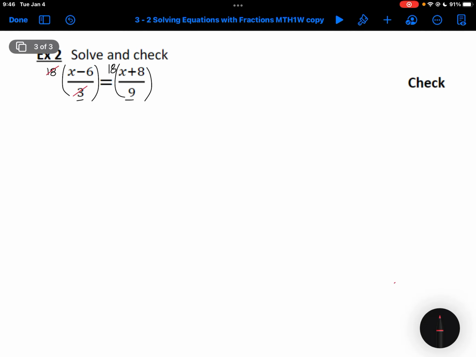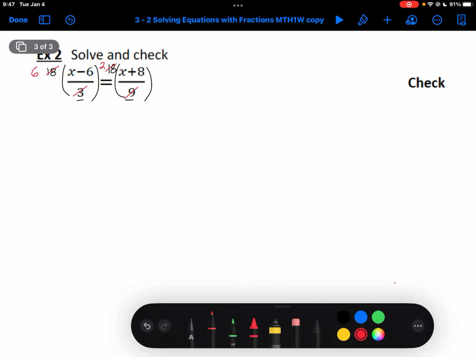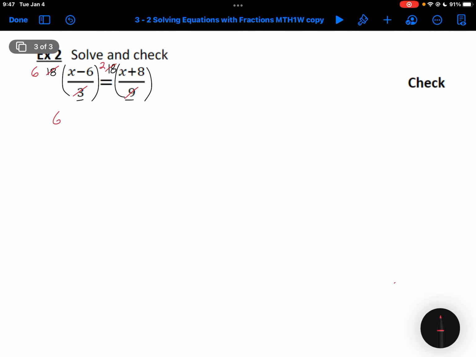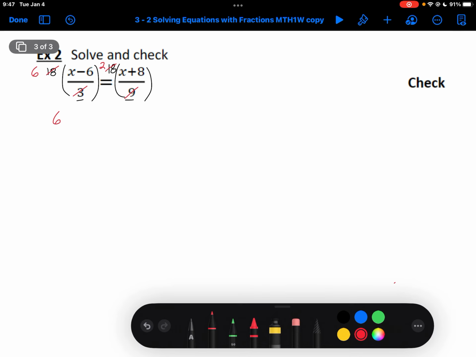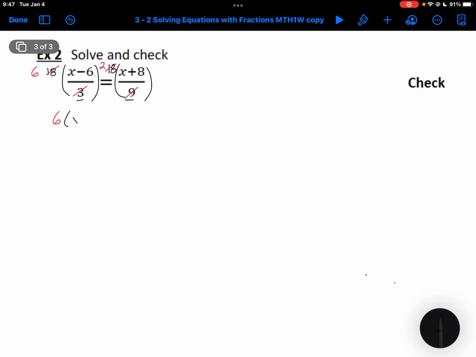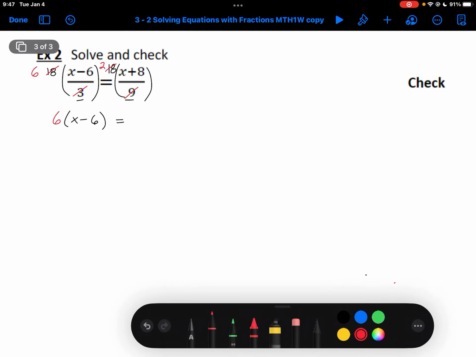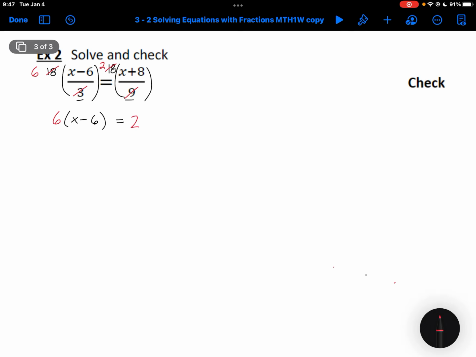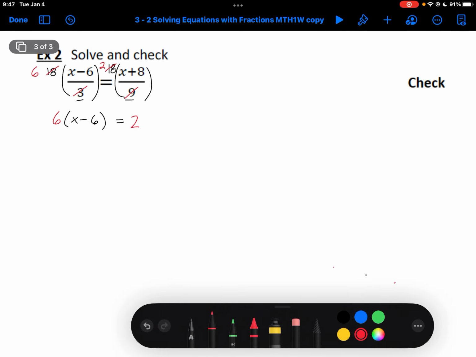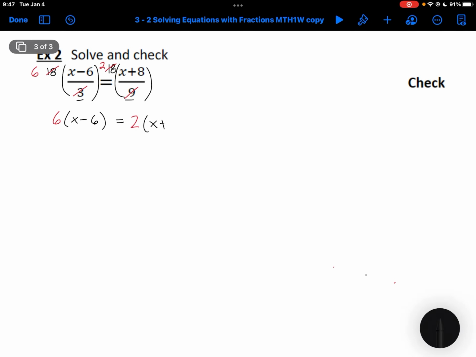So here I can divide them out. 18 divided by 3 is 6, and 18 divided by 9 is 2. So when I multiply those through, I've got 6 times whatever is on the denominator. In this case, it's a binomial, x minus 6. And then in my right-hand side, I've got 2 times x minus 8, because that's what's left over from the numerator.